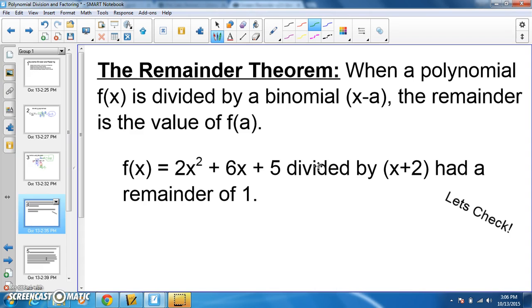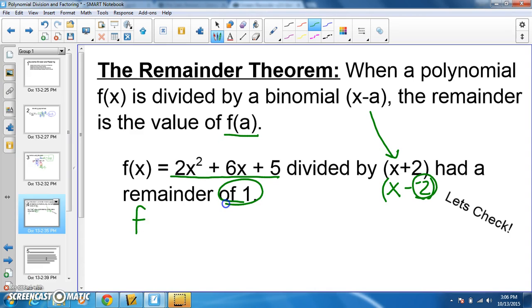So if we just divided 2x squared plus 6x plus 5 by x plus 2, and we got that there was a remainder of 1, in order to put this in terms of x minus a, we would have x minus negative 2. So let's check if that's right.